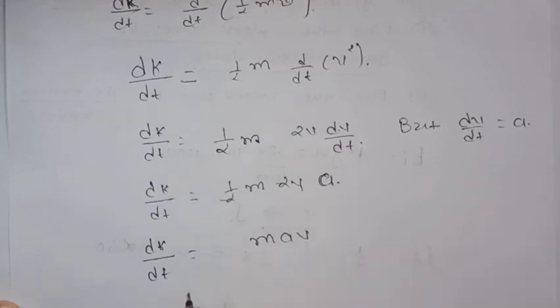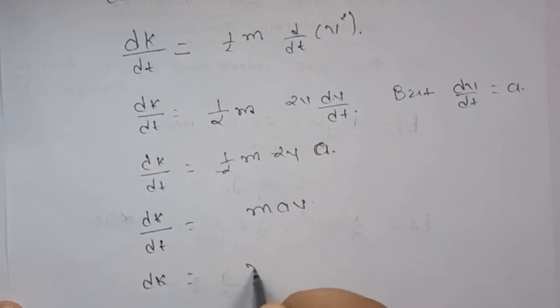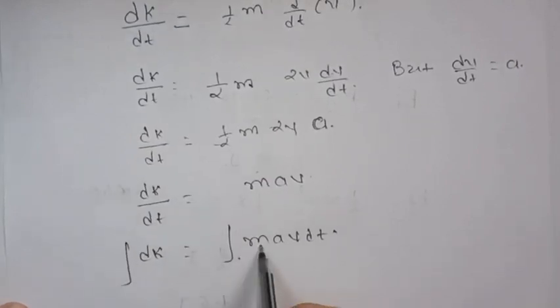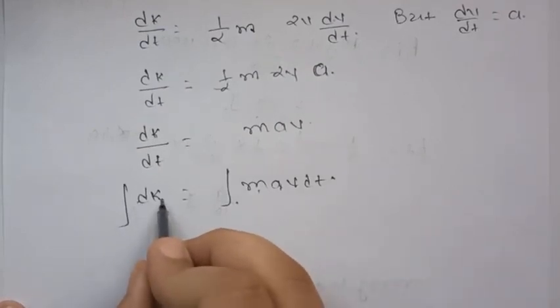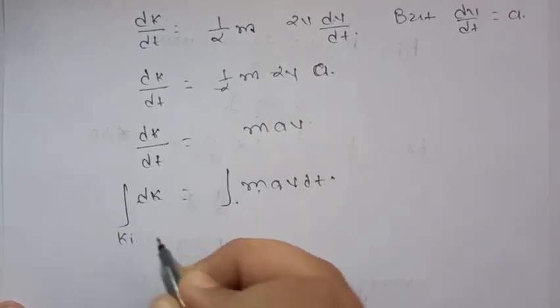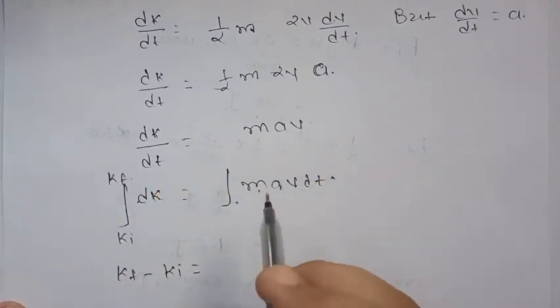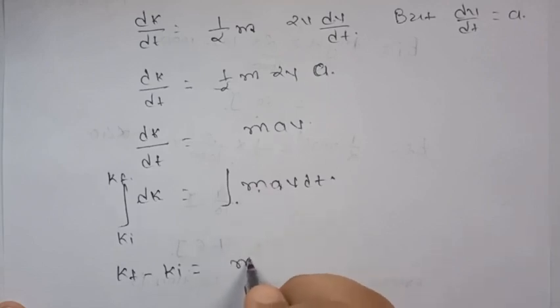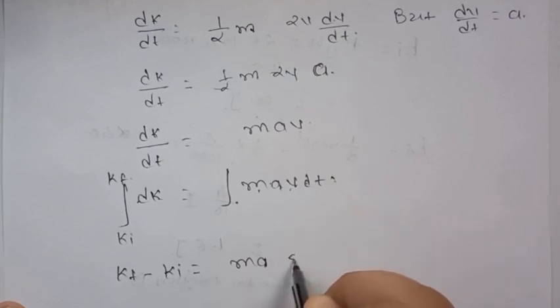Taking it this side, dK is equal to m a v dt. Integrating both sides, this mass and acceleration are constant, so with limits from K initial to K final, this will give us K final minus K initial is equal to m a, which is constant, and the integration of v dt will give us displacement.